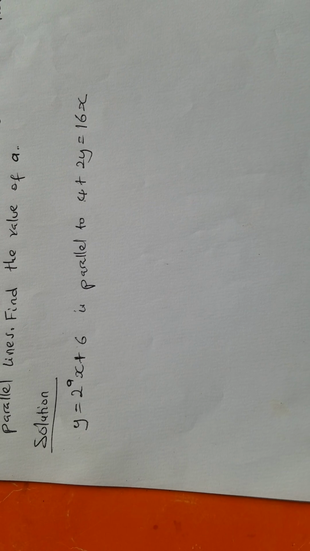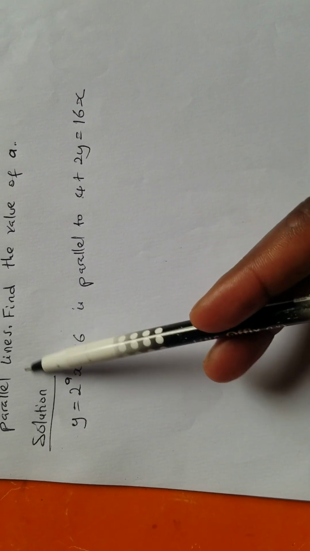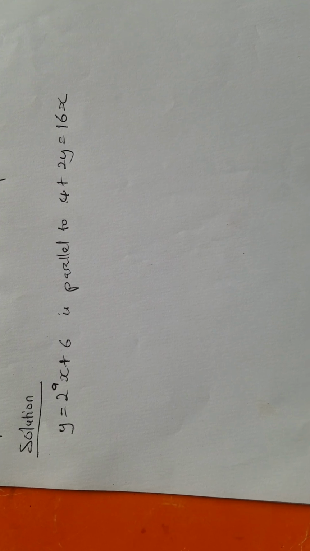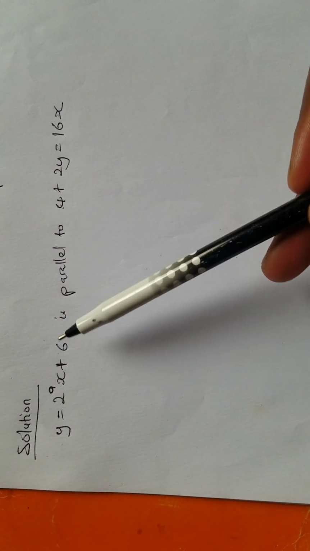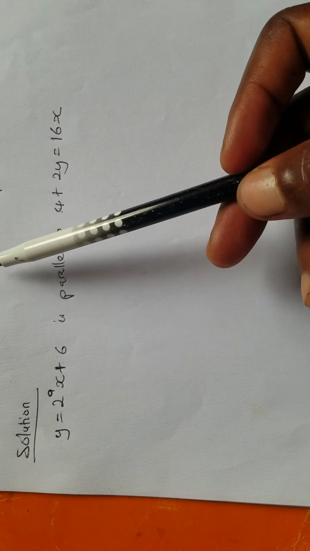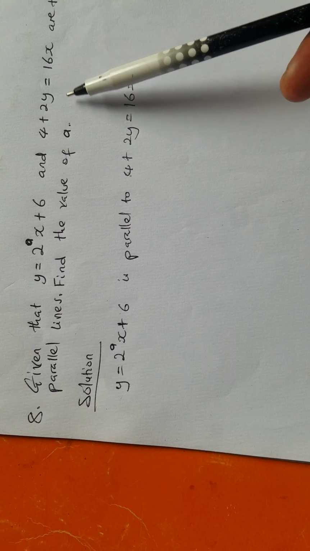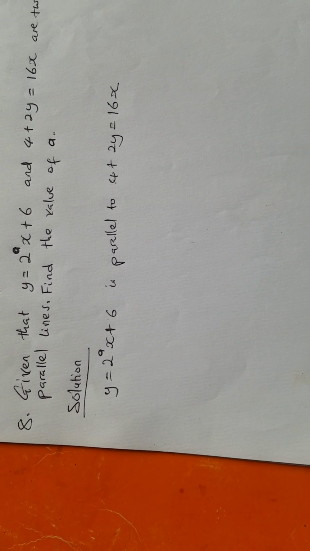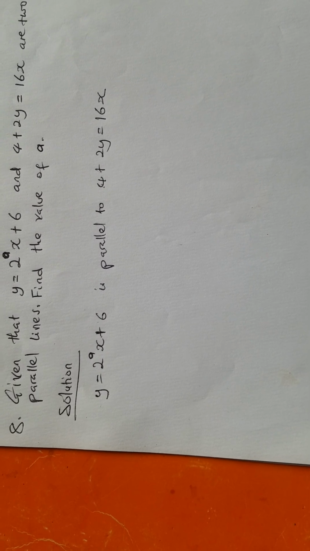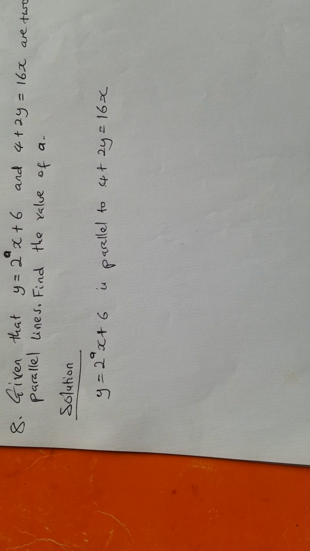So what is the rule of parallel lines? If you are told that this equation is parallel to this equation, that means the two gradients in those two equations must be the same.